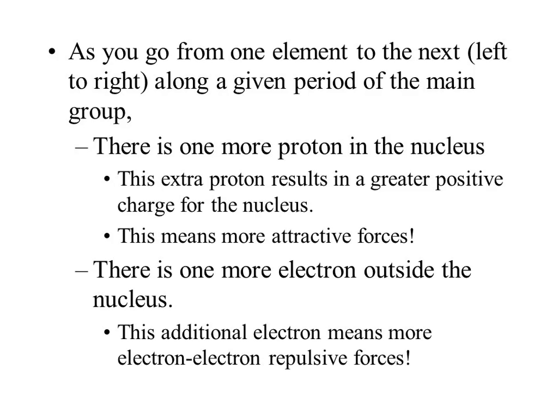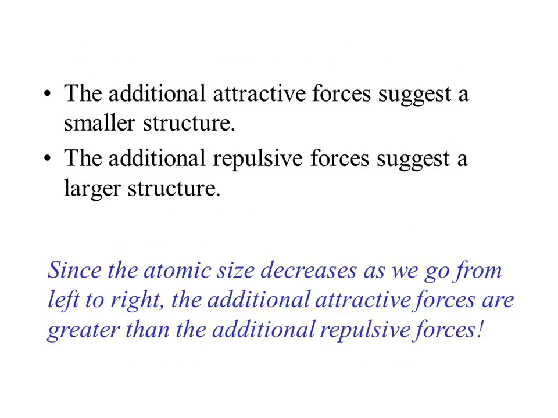I'm going to have to tell you why, when we go across from left to right, you pick up a proton and it gets smaller. You also pick up an electron. You would expect more repulsion of those electrons out there. And there is more repulsion, but the attractive forces are what dictate the size, what make it smaller from left to right.